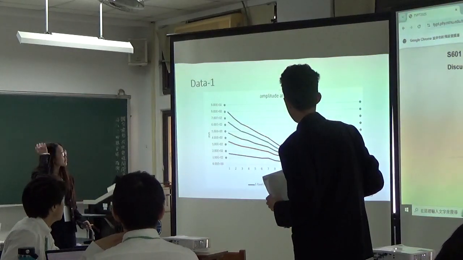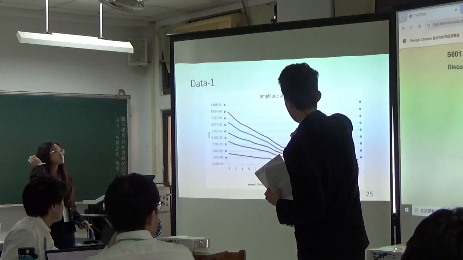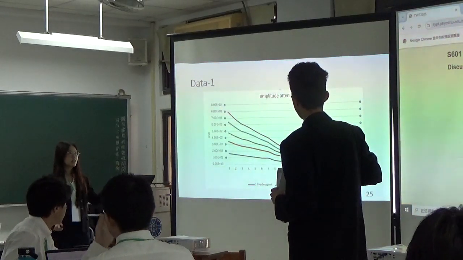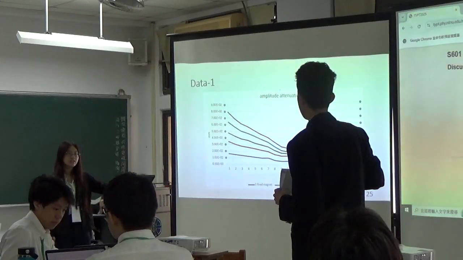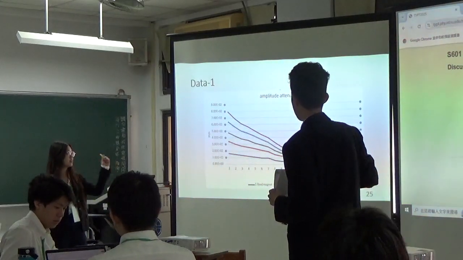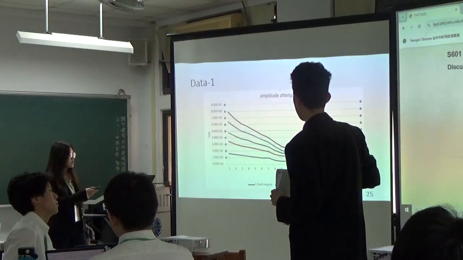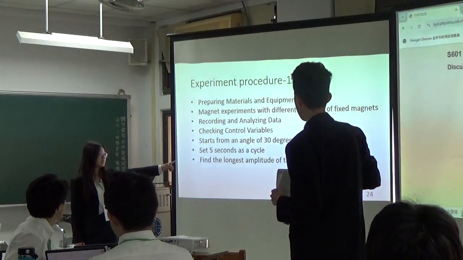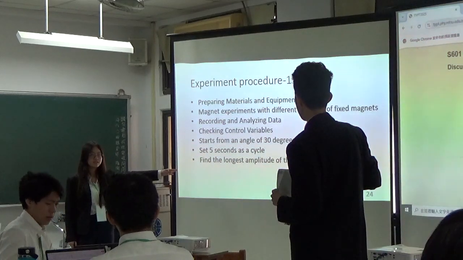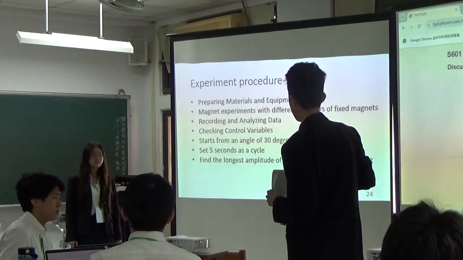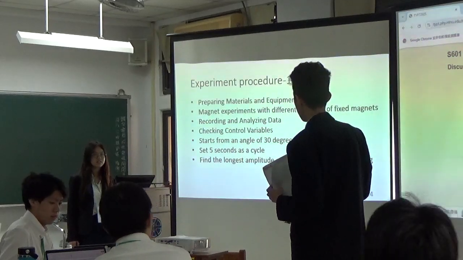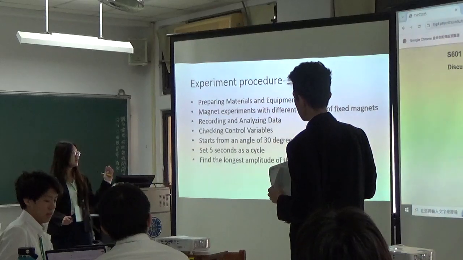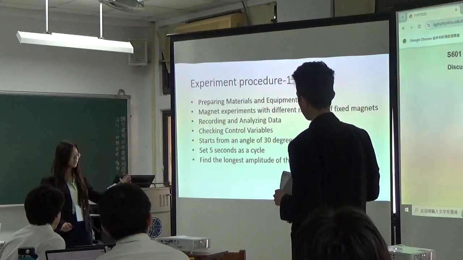To clarify, what does the period stand for? I want to talk about the amplitude, and the period, just here. I said 5 seconds as a cycle, it means the period. So you mean that a single period is 5 seconds? Yes. 1 to 5 seconds, and the longest amplitude I put into the chart.